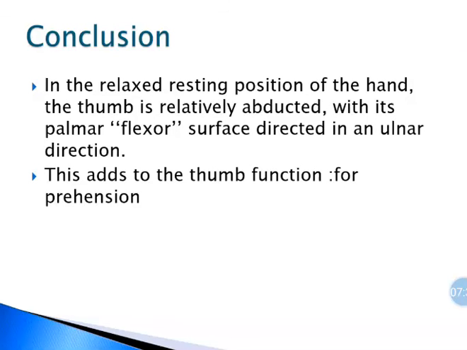So, in a resting position of the hand, the thumb is abducted and flexor surface of the thumb is directed in ulnar direction. This position of the thumb adds to its function of prehension, that is ability to pinch or catch or hold.